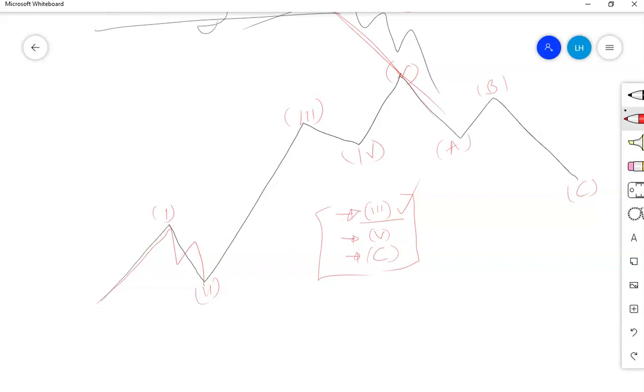So if you have identified that the market has completed this correction, what we expect is the 5 wave move to the top, which will be the third wave.